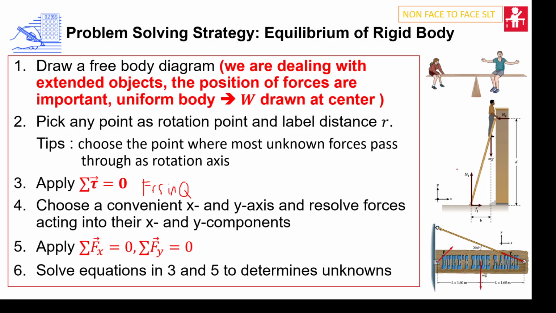From here you can see there are 1, 2, 3, 4 forces, so probably there's plus F2 r sine theta. What's the r here? It is the distance of the force. Let's say the force is mg. Here, r is the distance from the force to the pivot point.